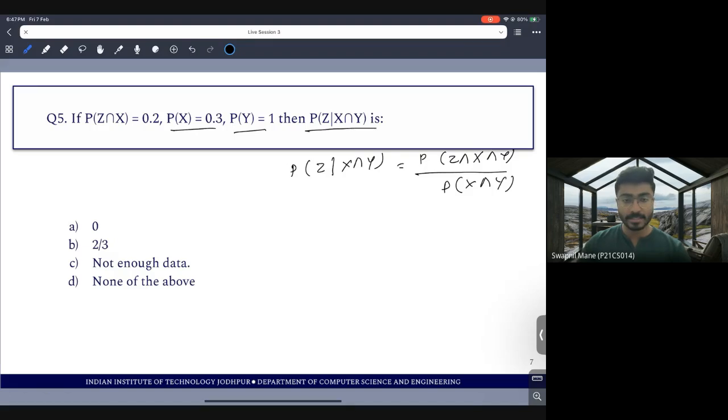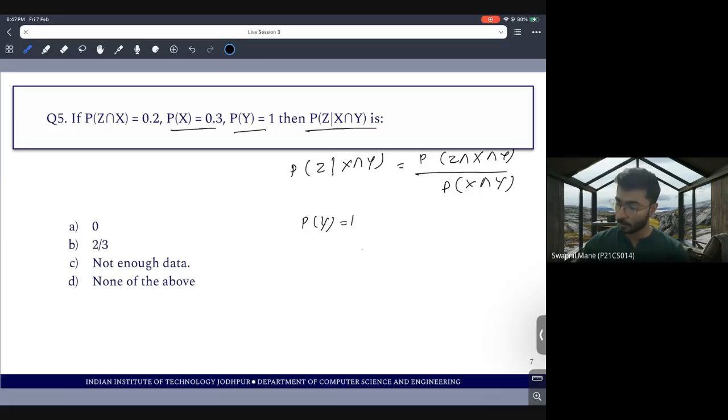So here you may observe that the probability of y is given as 1. That means this y is always true, always happens, right? Always true.